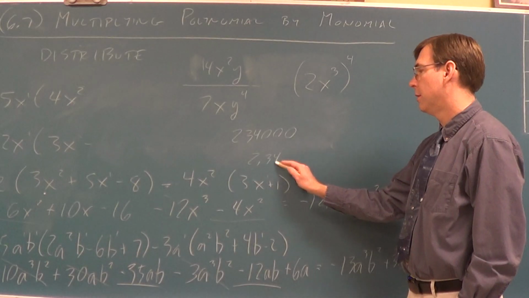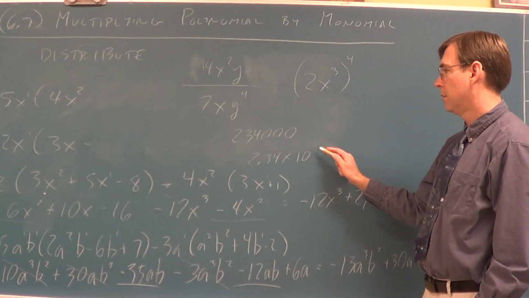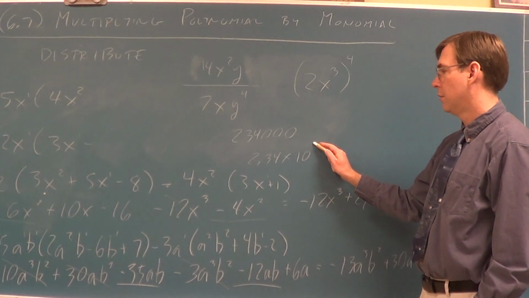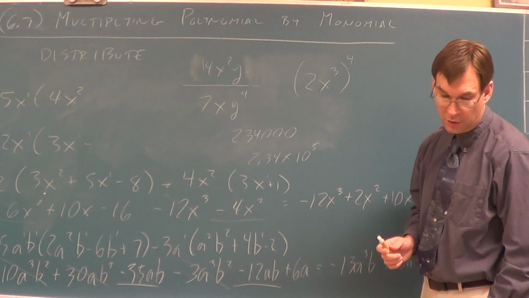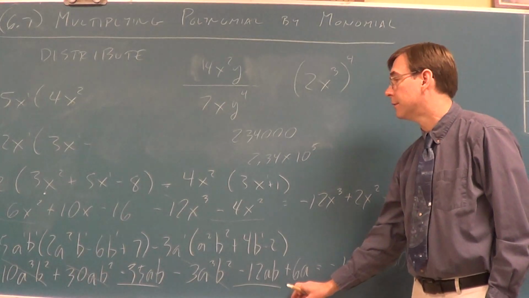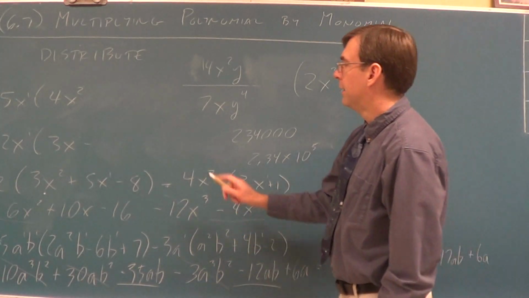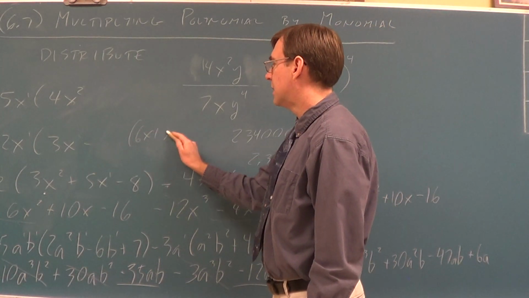Something like this, I might ask you to throw that in scientific notation. 2.34 times 10 to the 5. 5, I agree. Anybody need a refresh on that? Then maybe something like this.